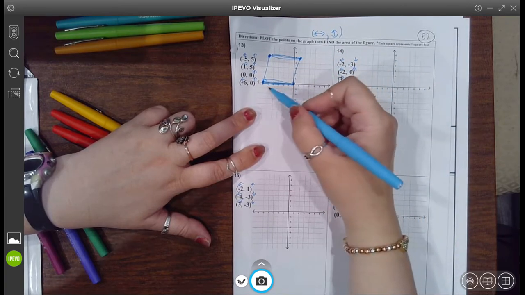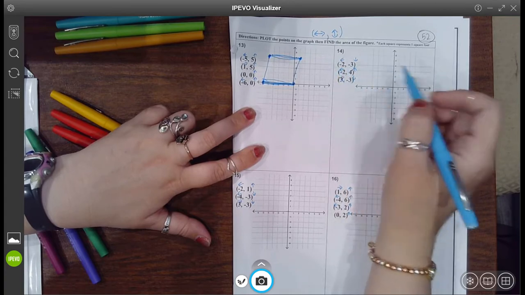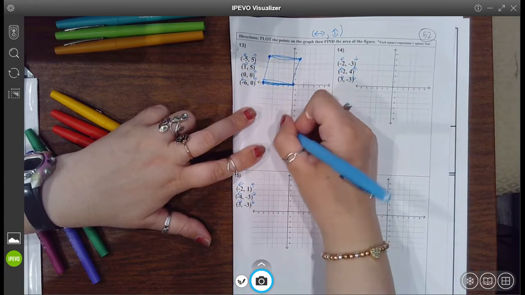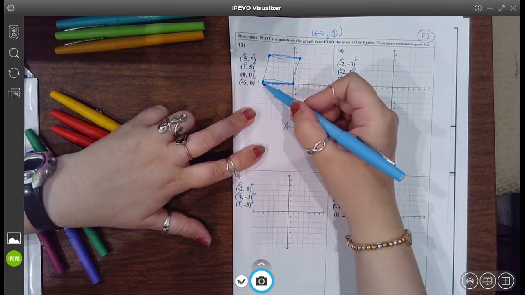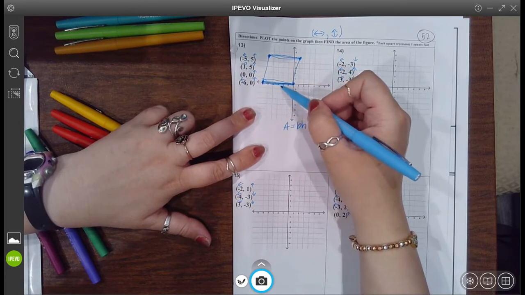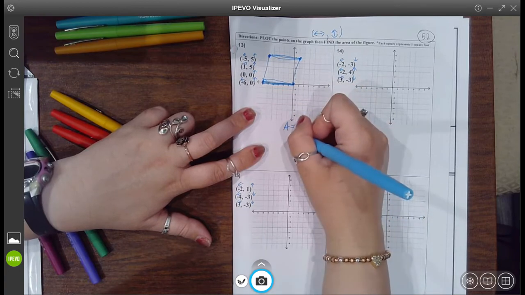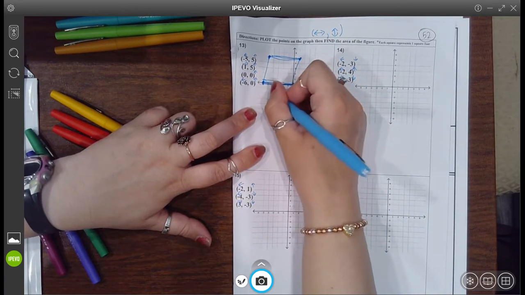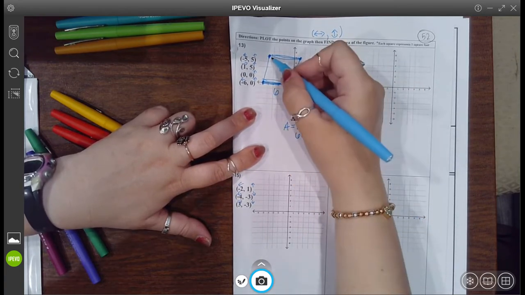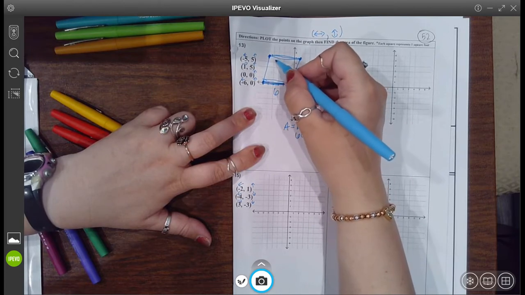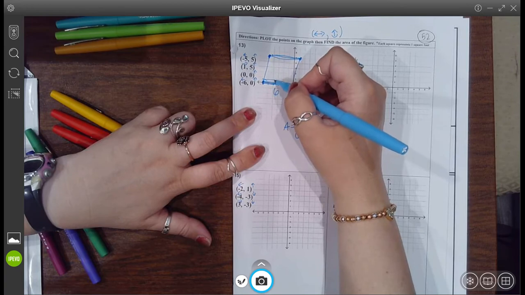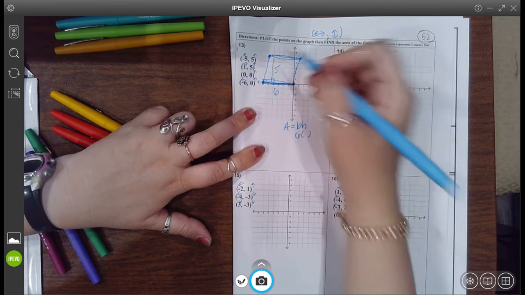Okay, so you're going to count. You're asked to find the area of each of these, right? So area equals base times height of a parallelogram. So the base length is 1, 2, 3, 4, 5, 6 for your base. Your height, the perpendicular height, so from one base to the other base, is 1, 2, 3, 4, 5 for your height.